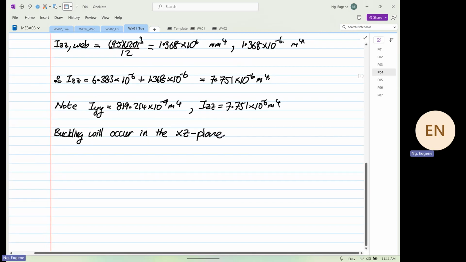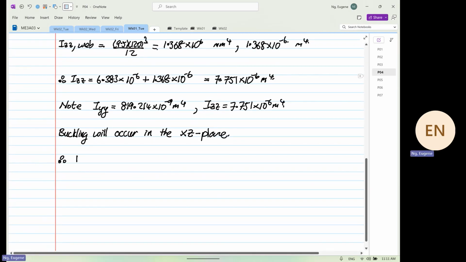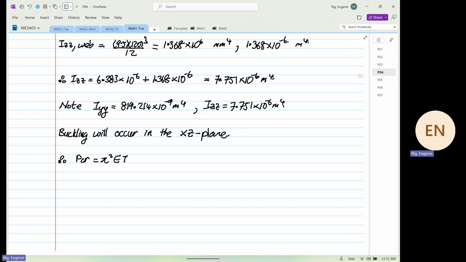So therefore, P critical is equal to pi squared EIYY over L squared. So pi squared, Young's modulus is 200 times 10 to the power 9. Second moment of area is 819.214 times 10 to the power minus 9, divided by L squared.